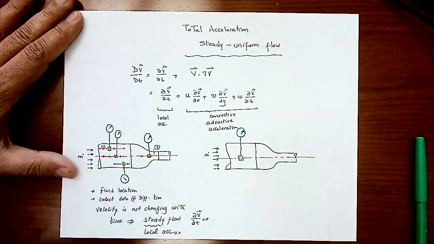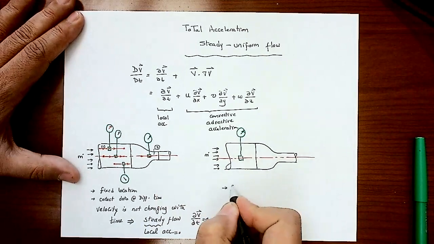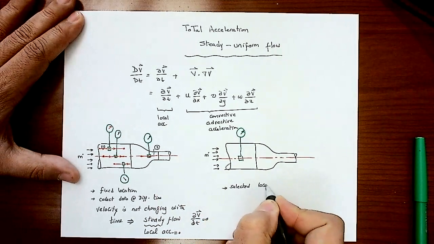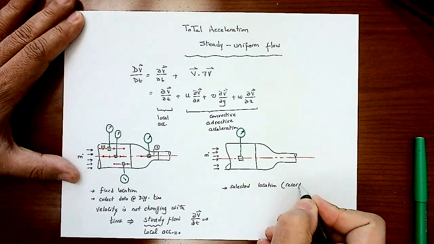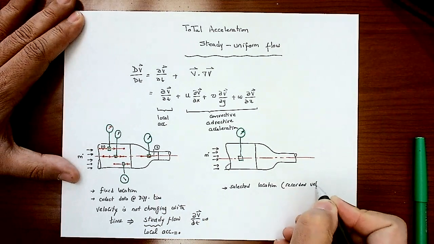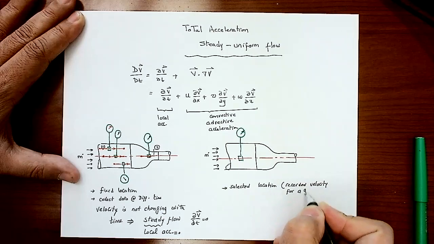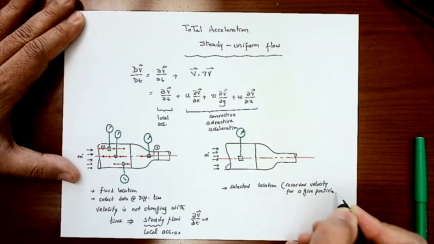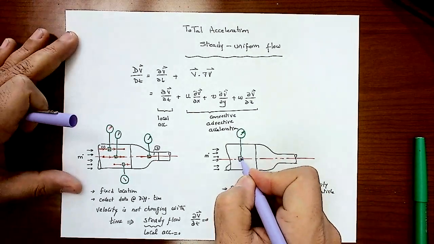So in this situation here, I have a specific location. I selected a location and recorded the velocity for a given particle. Let's put that particle in the pink color here.